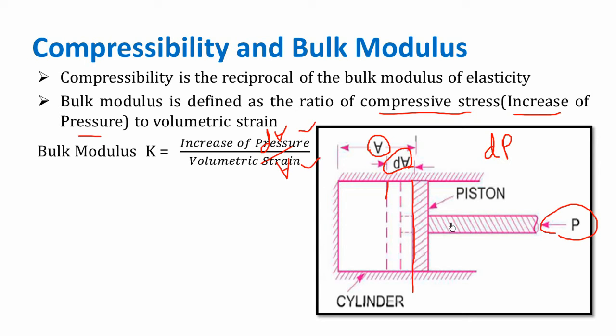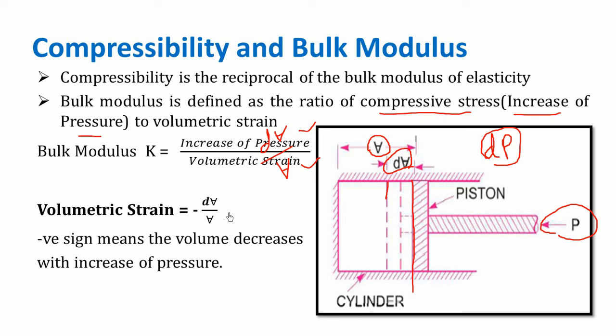Similarly, the piston is applied pressure in the forward direction, so we'll write that as dP. We'll write volumetric strain as minus dV by V. Here the minus sign is given because the volume is decreasing. Initially the volume is more, but with the external pressure the volume decreases, so that's why it is given a minus sign.